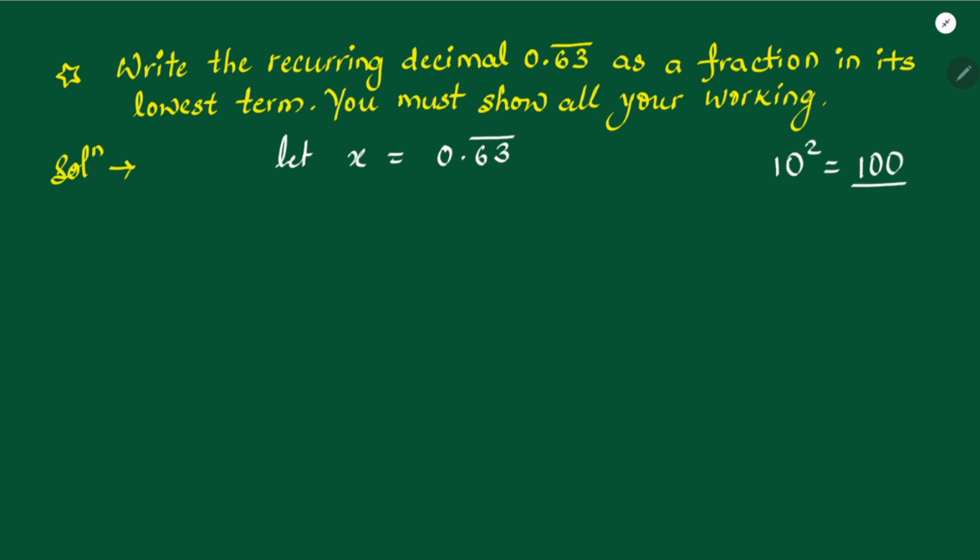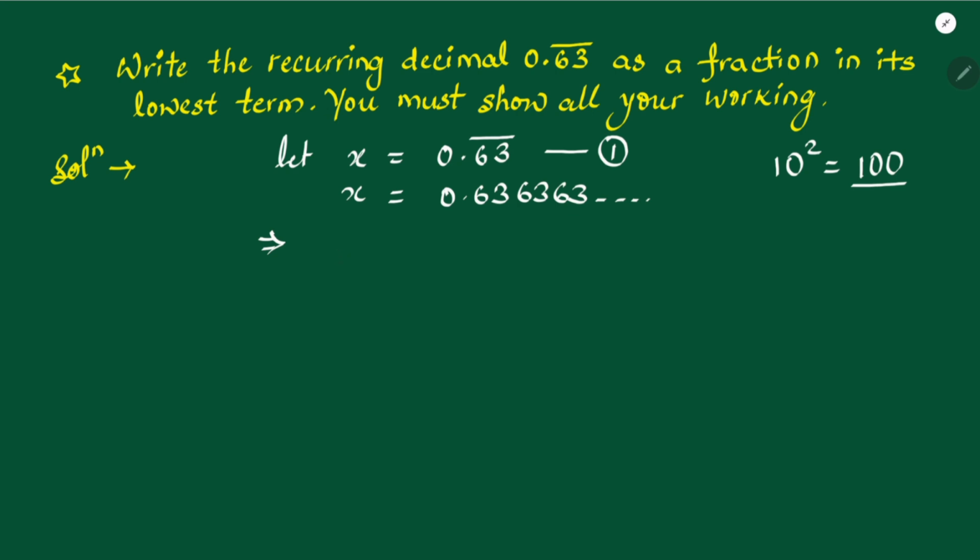And this will be used to multiply this equation. So I can write this as x is equal to 0.636363 and so on, right? Let's call this equation 1, and now as we have already planned, we will be multiplying 100 with this equation on both sides.